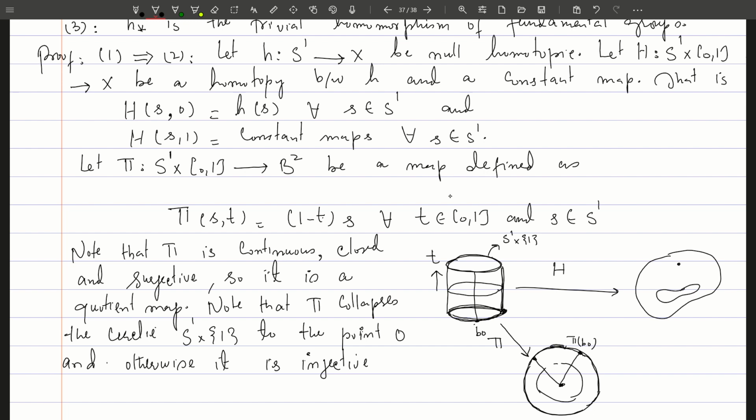So this is the homotopy between this loop and this constant map.